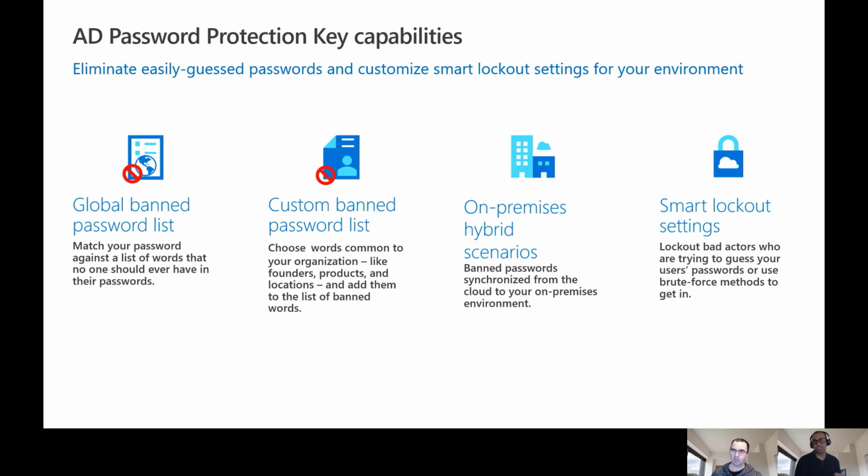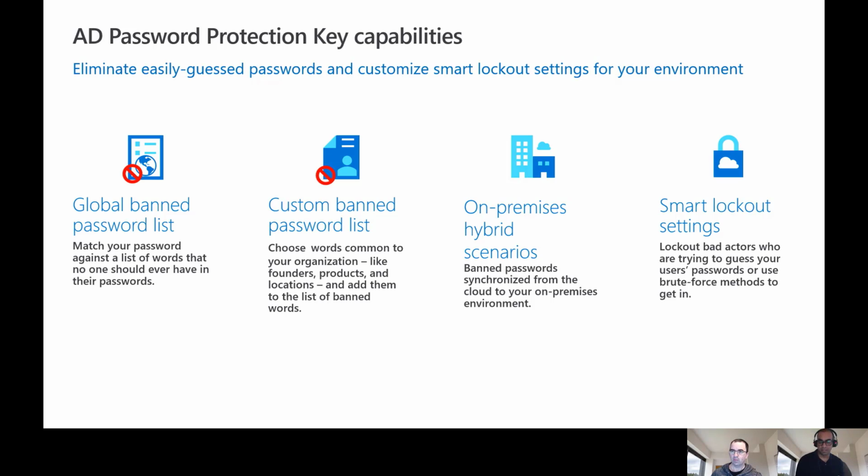Now, what it does is we, as Microsoft, have a global banned password list, which is based on the intelligence of Azure Active Directory and on the intelligence which we receive from many third-party organizations also. So we have built a global banned password list, which comprises all or most of the known compromised or leaked passwords.